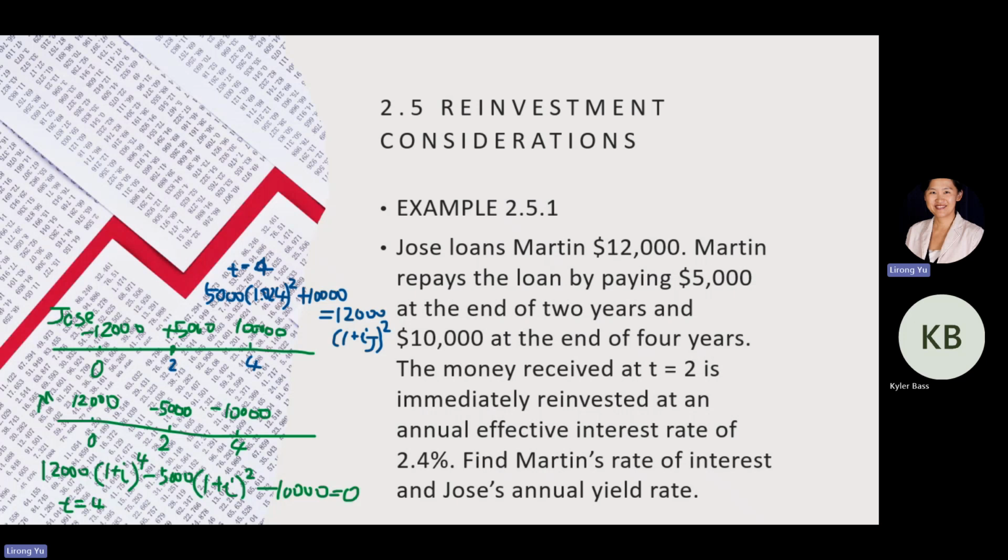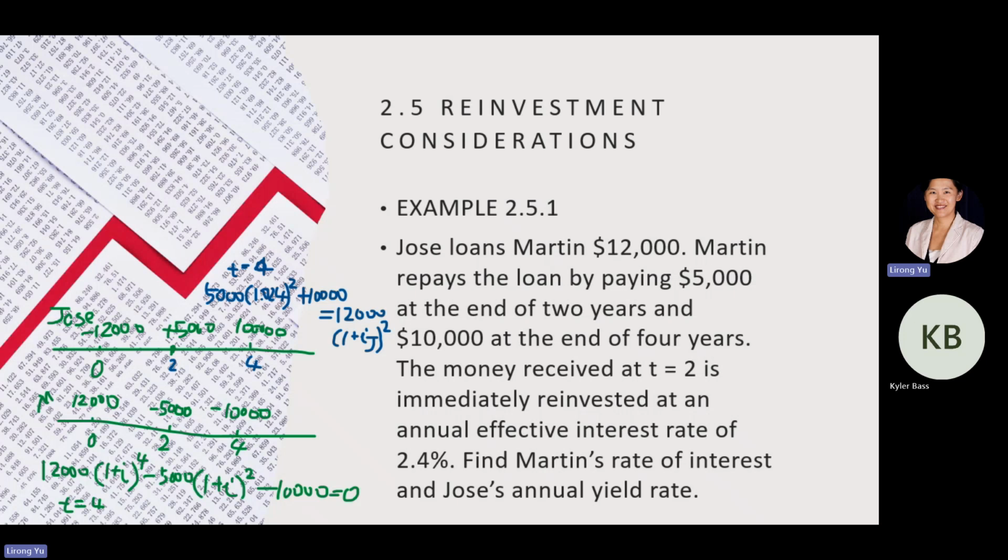So 12,000 multiplied by (1 + i_J) to the power 4. So i_J is what we're trying to solve. On the other hand, the 5,000 and 10,000. Yeah, it's actually 10,000, not 100,000. The 5,000 and 10,000 are invested at a rate of return of 2.4%. So 1.024 is the increase factor.